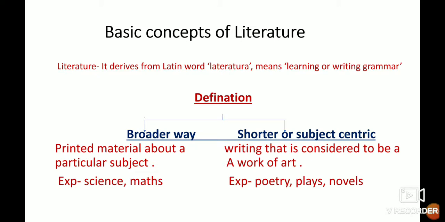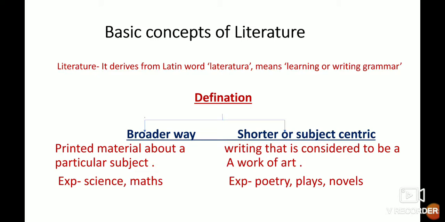Okay, so now we move towards the definition, and I define it in two ways. First is the broader way, and second is the shorter or subject-centric way. So in the broader way, what's the definition? Printed material about a particular subject is called literature.